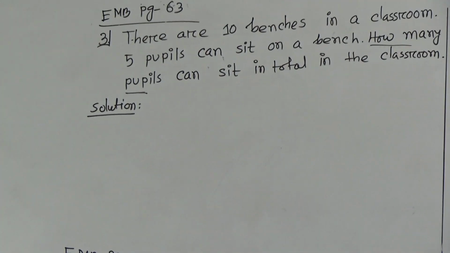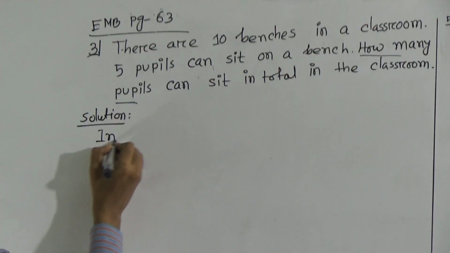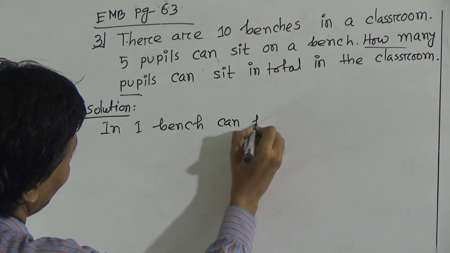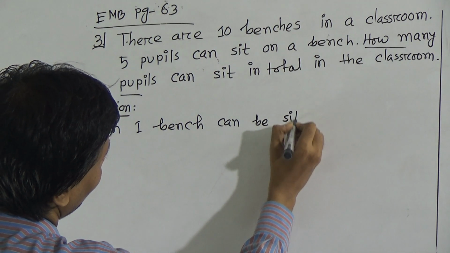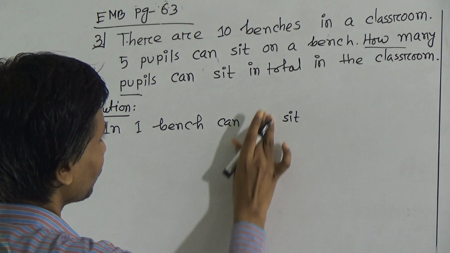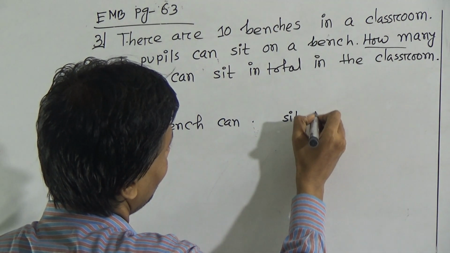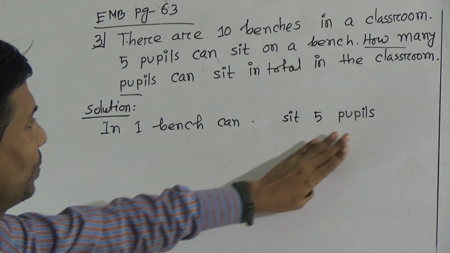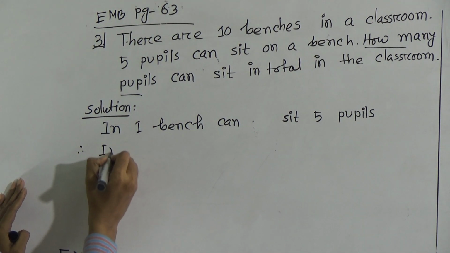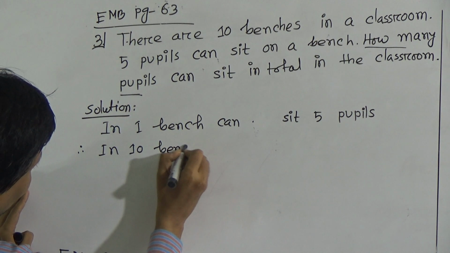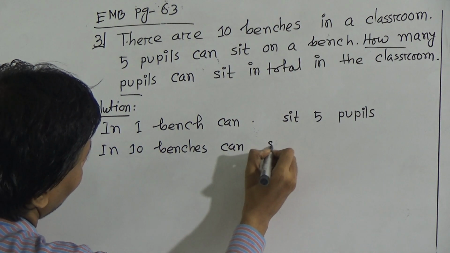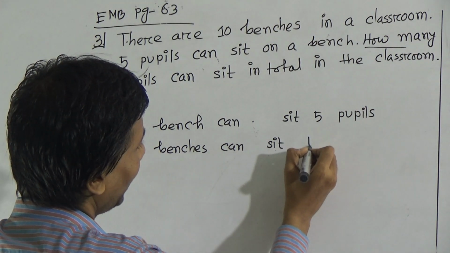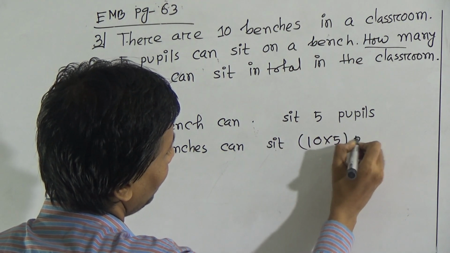Look, in one bench can sit 5 pupils. Therefore, in 10 benches can sit more pupils, so we have to multiply. 10 into 5, pupils.